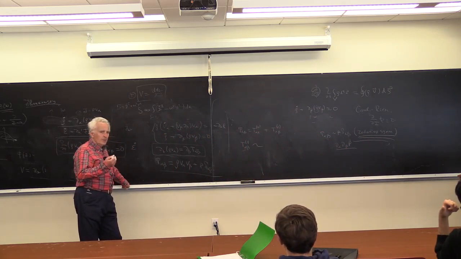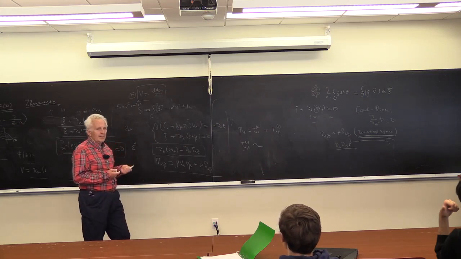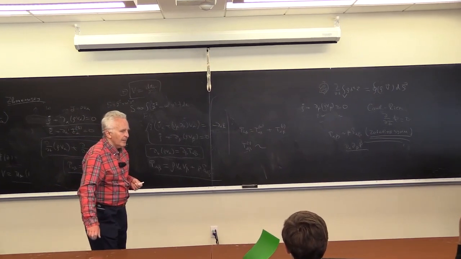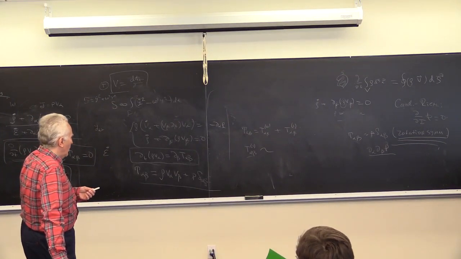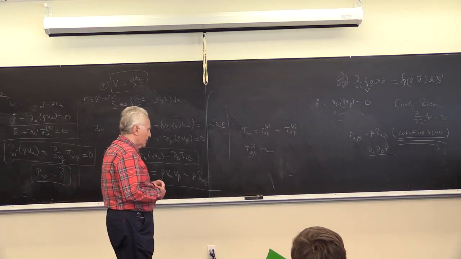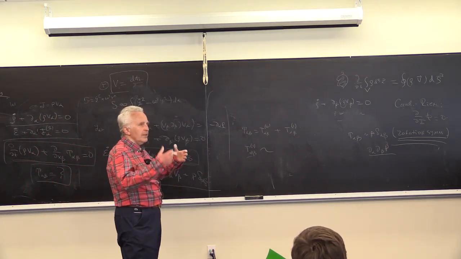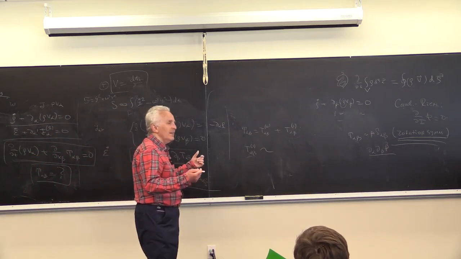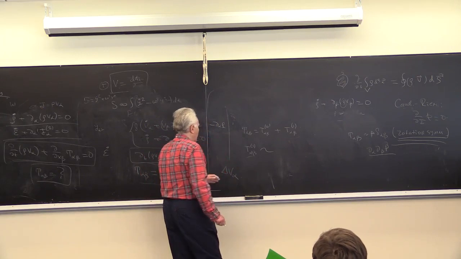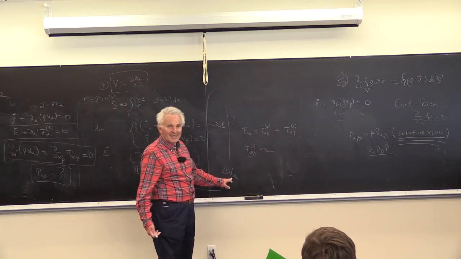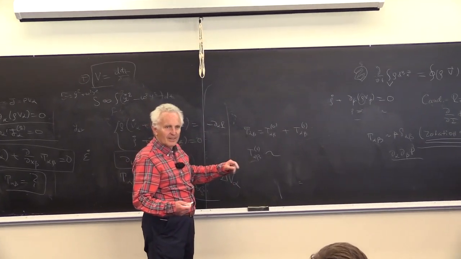Try something. What can you do with velocities? You can take a Laplacian. Okay, that's fine, but if you take a Laplacian of the velocity, there is only one index, it's a vector, and we need a tensor.